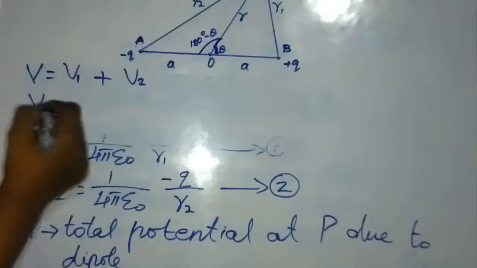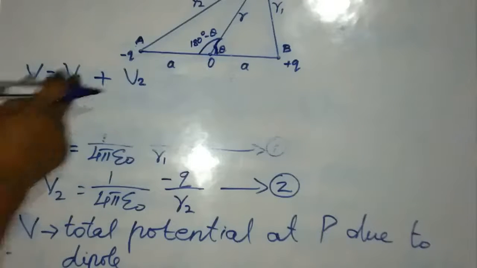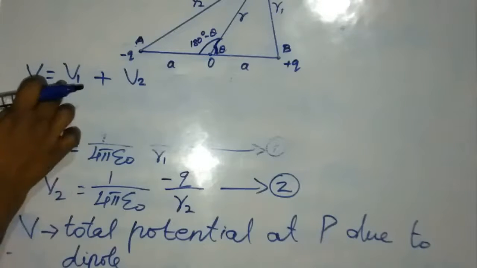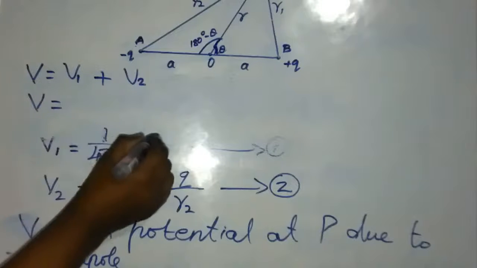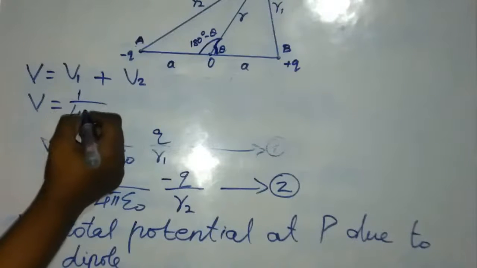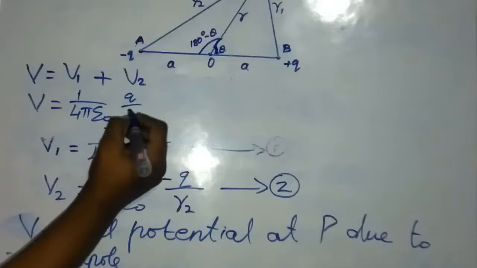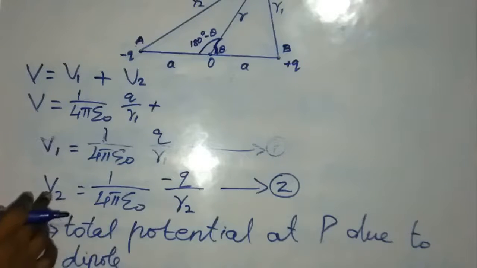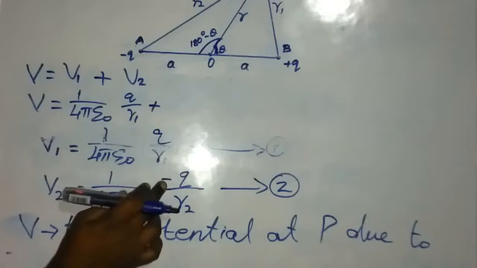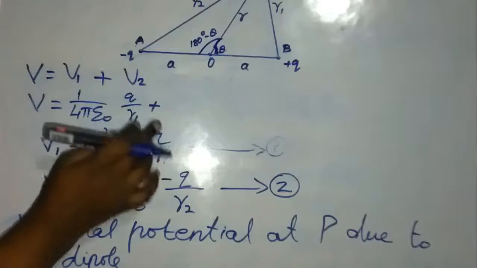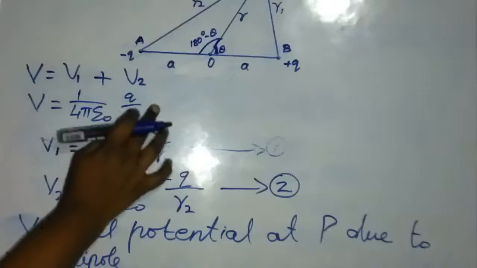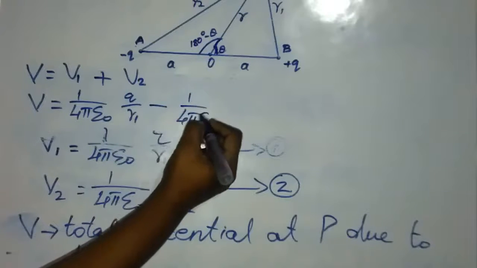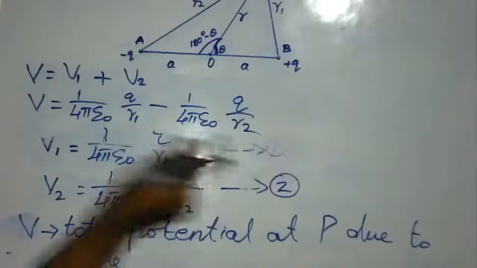Now substitute the values of V1 and V2 in this equation. V1 equals 1 by 4 pi epsilon 0 Q by R1, plus the value of V2. In V2 we have a minus sign, and here a plus sign, so plus into minus becomes minus: 1 by 4 pi epsilon 0 Q by R2.